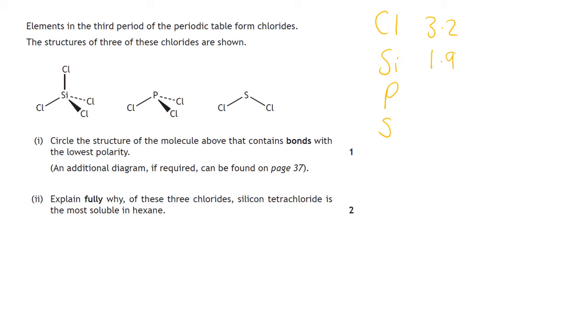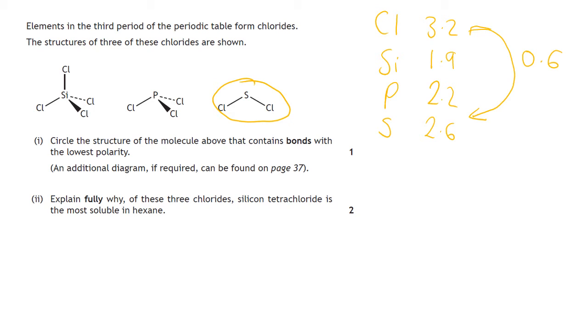Phosphorus next has 2.2 and sulfur 2.6. The lowest polarity means the lowest difference. So that is going to be here to here, where it's 0.6. So the molecule with the lowest polarity bonds is chlorine bonded to sulfur.